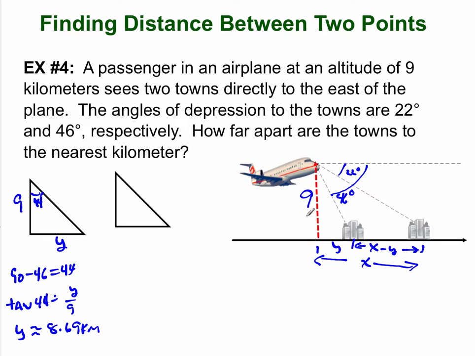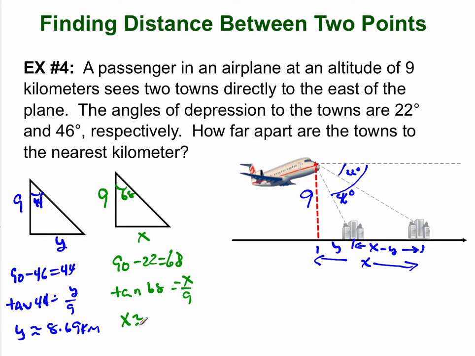Let me switch pen colors. The second triangle has a horizontal distance x, vertical distance 9, and this angle right here is 90 minus 22, which is 68. So we have the same situation. Tangent of 68 is going to be x over 9.